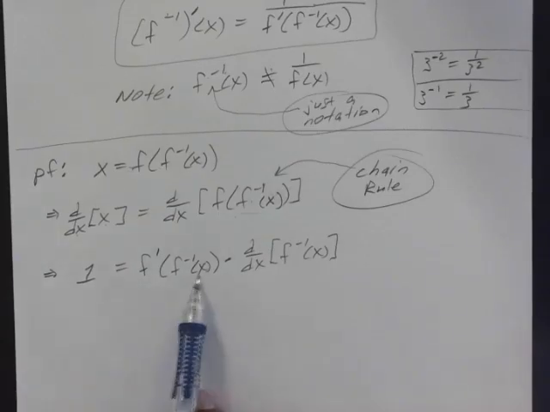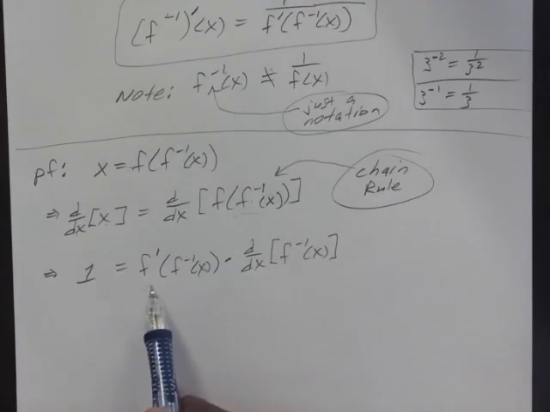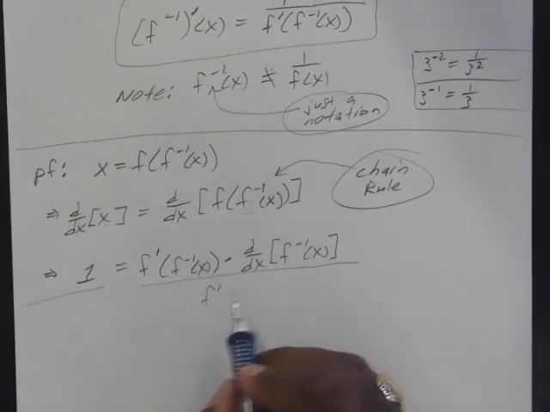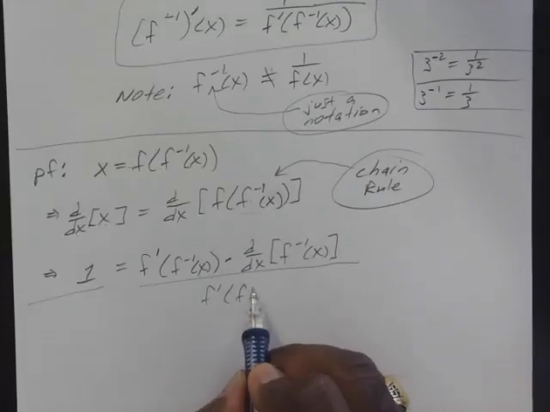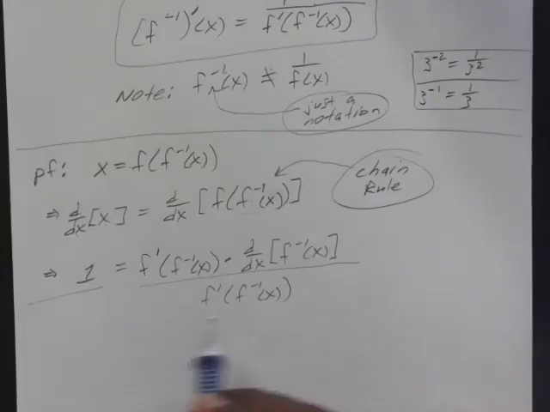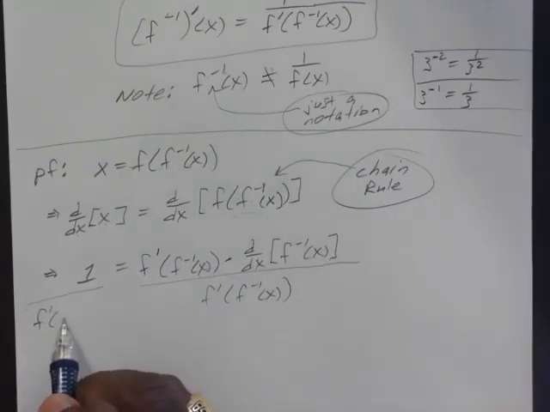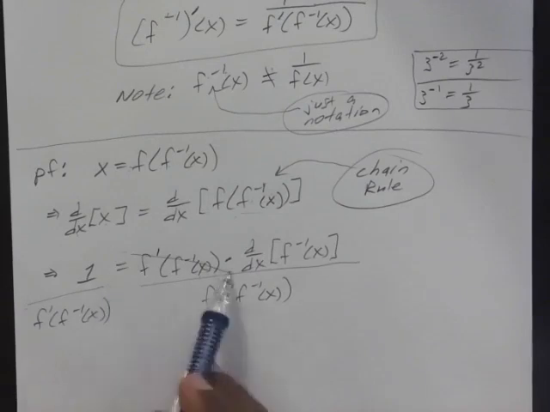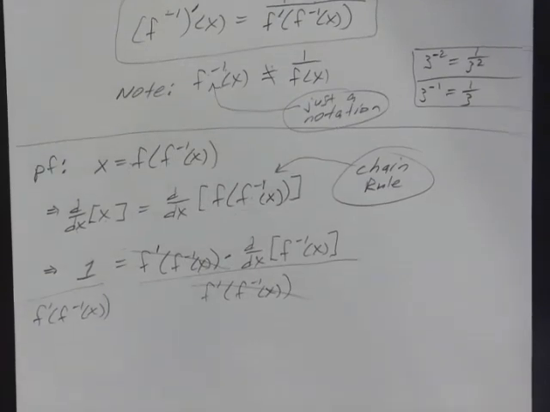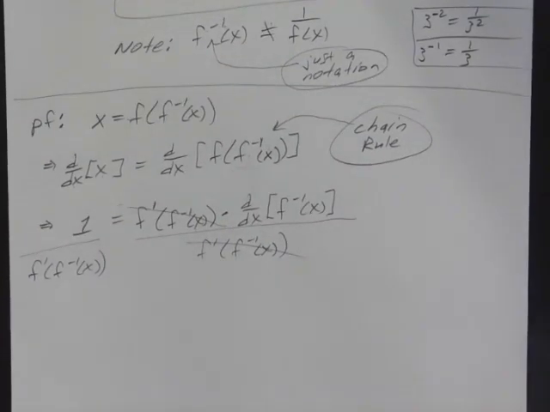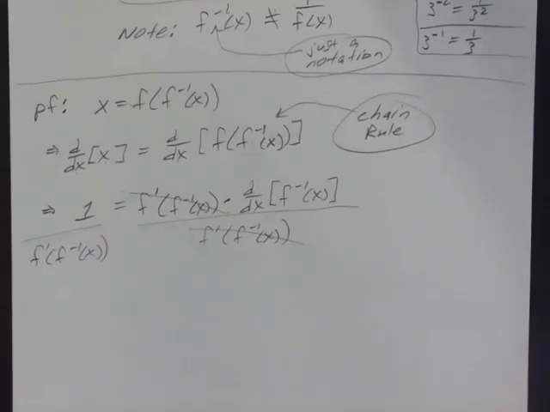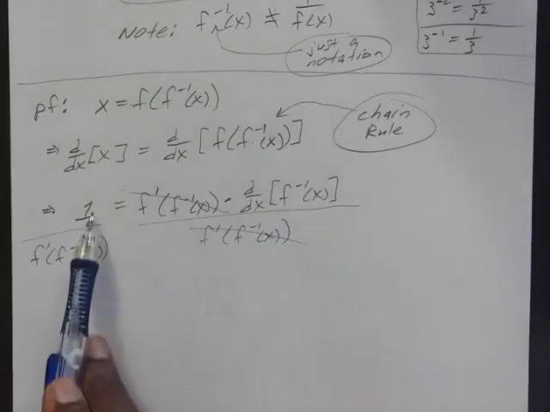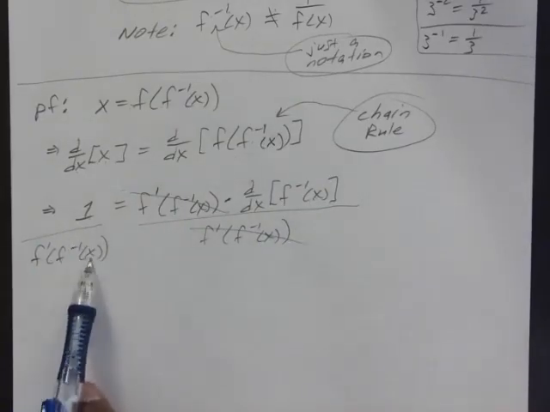Okay. So if we divide both sides by f prime of f inverse of x, these two on the right will cancel each other out. So we know that the derivative of f inverse of x is equal to 1 divided by f prime of f inverse of x.